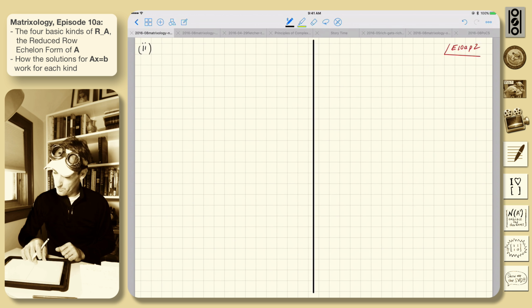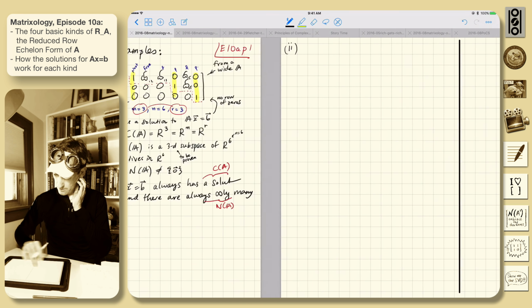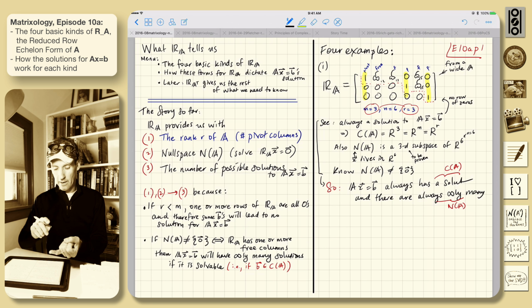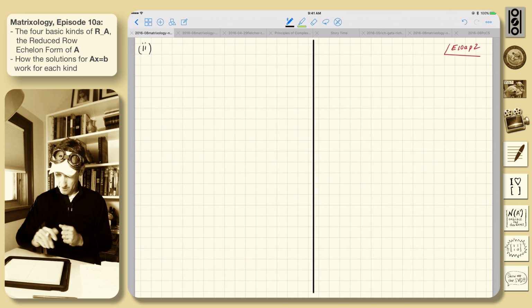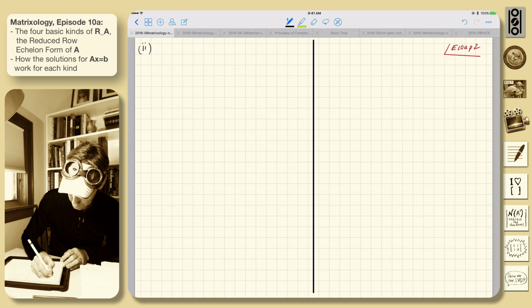It controls what's possible to some extent. So the rank is the big deal, inside M and N. So M, N, and the rank will give us everything we want in terms of the basic story. So let's have another one.